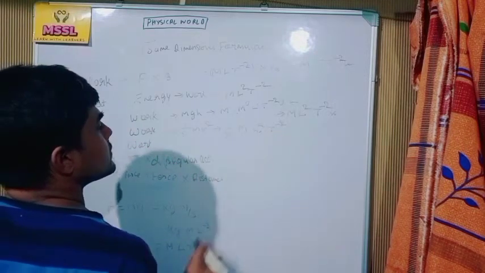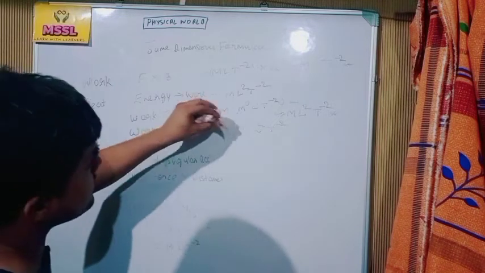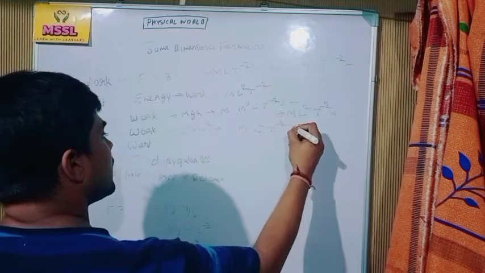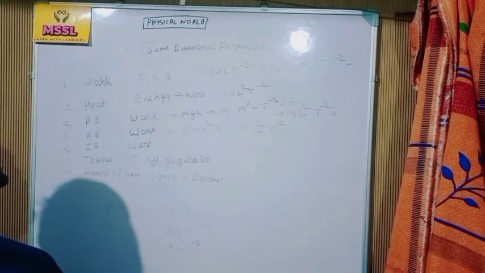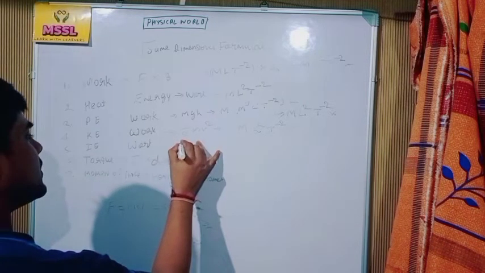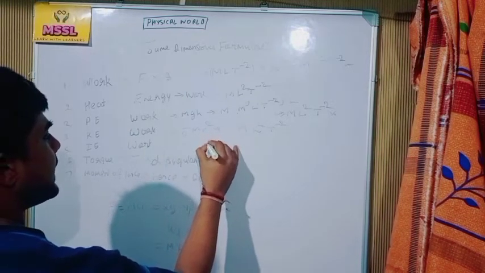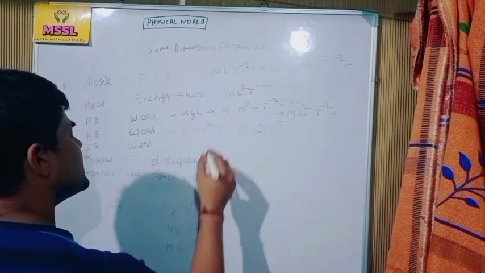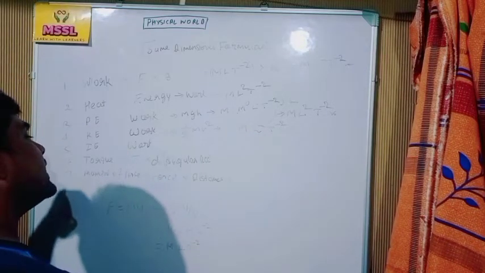So overall what we can do is, since this is a constant term, the formula we have is M L square T minus 2 for the kinetic energy. Similarly, for internal energy also, we can write the same M L2 T minus 2, because internal energy can be anything, right? It can be the potential or kinetic energy also.